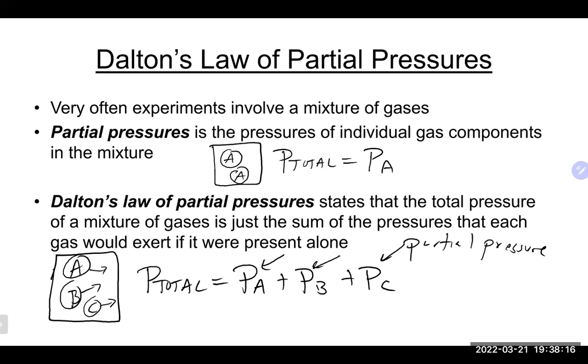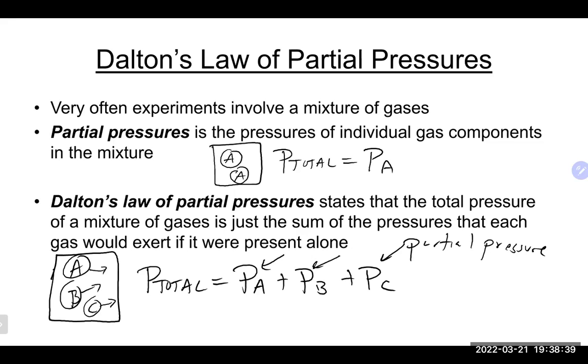How do we actually get the partial pressures of each of these gases? One thing that makes something an ideal gas is the idea that different gas molecules, even in the same container, are assumed to have no interaction with each other.